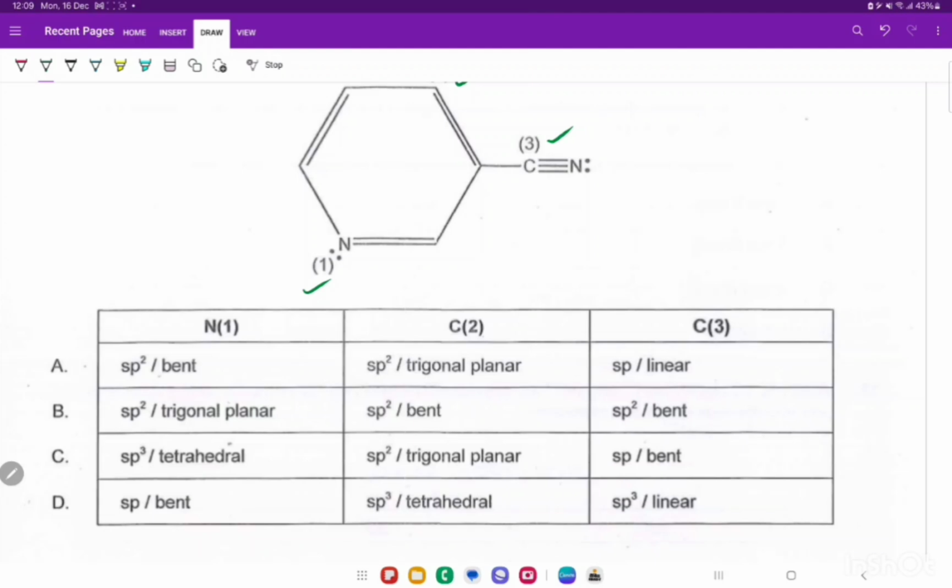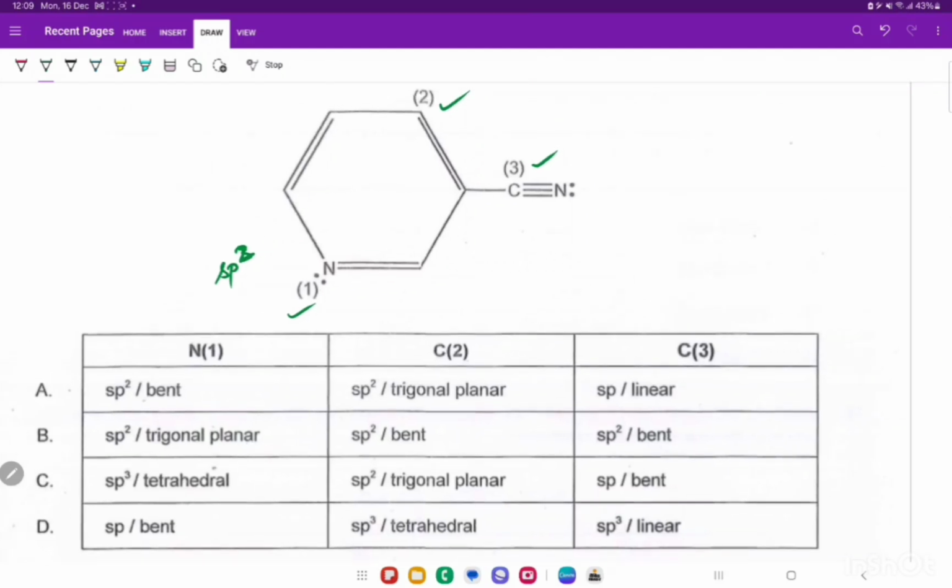When a lone pair, double bond and single bond are present, the hybridization is sp2, and the shape is bent. Okay, nitrogen has sp2 hybridization and a bent shape, N1.